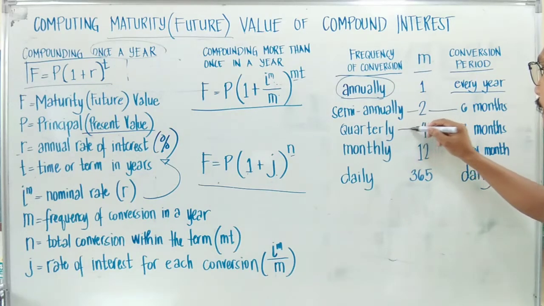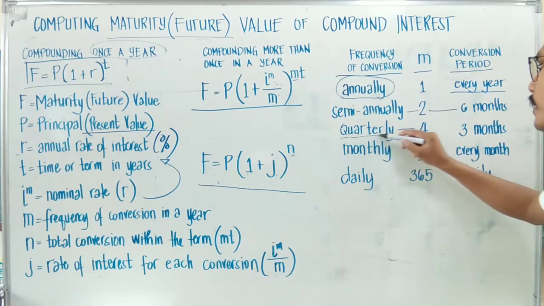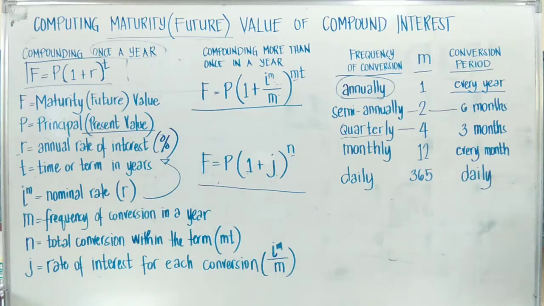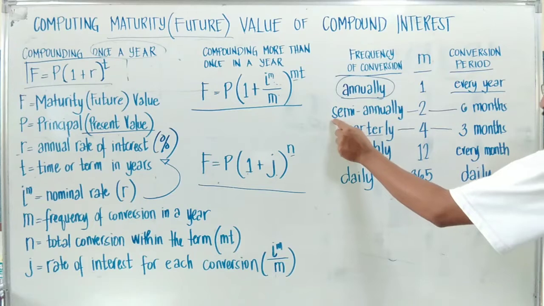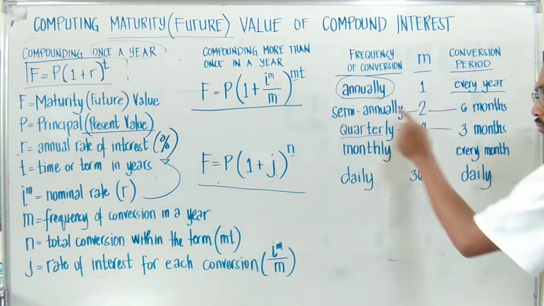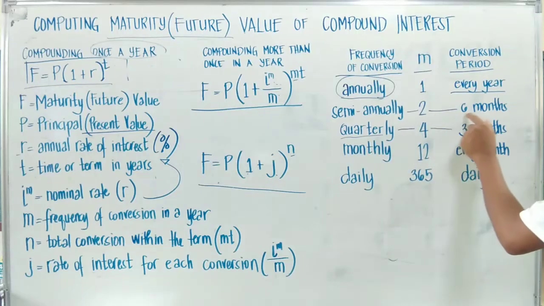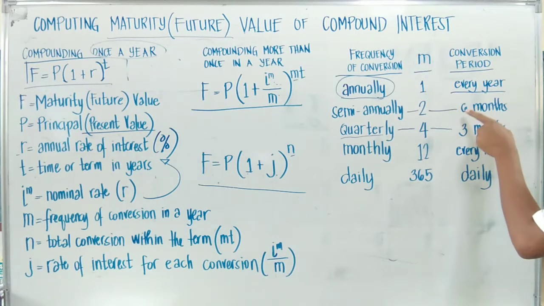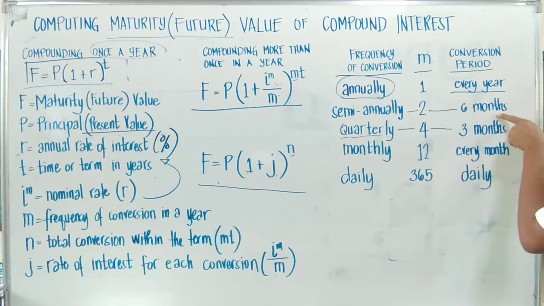Then quarterly, from the root word quarter, it means 4. So if you divide 1 year by 4, it will be 3 months. And semi means divided by 2. So if we divide 1 year by 2, we will have 6 months.